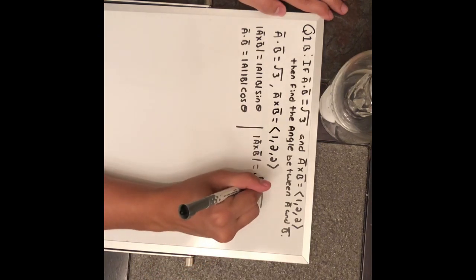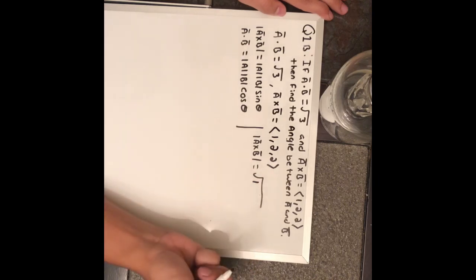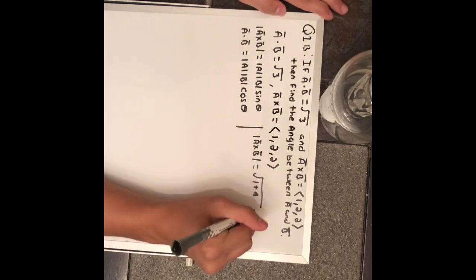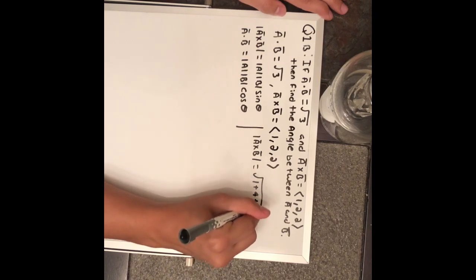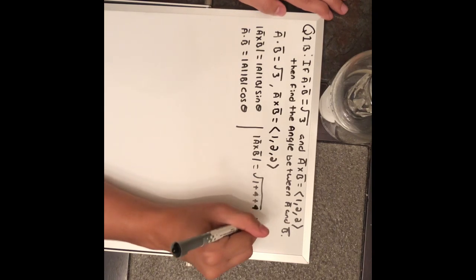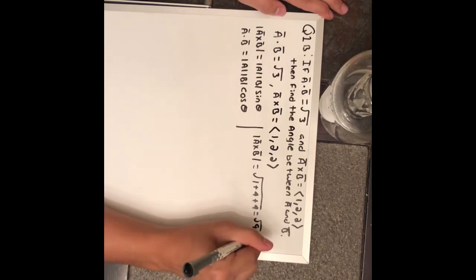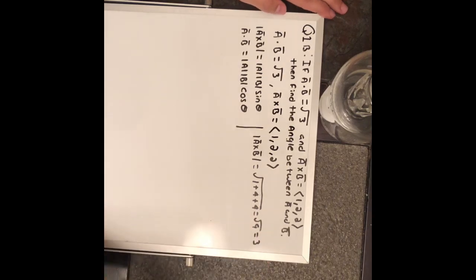So we have 1 squared, which is just 1, plus 2 squared, which is 4, plus another 2 squared, which is again 4. This gives us the square root of 9, which we all know to be 3.